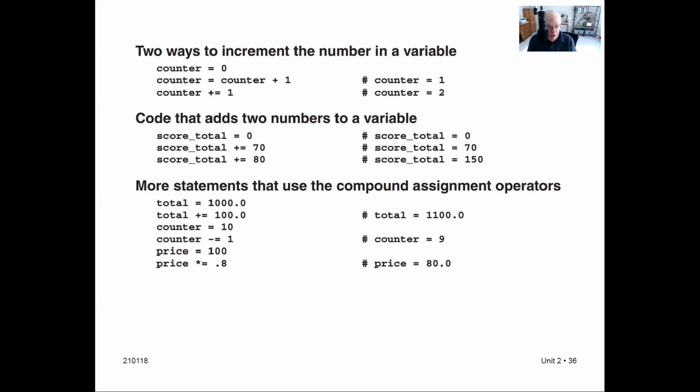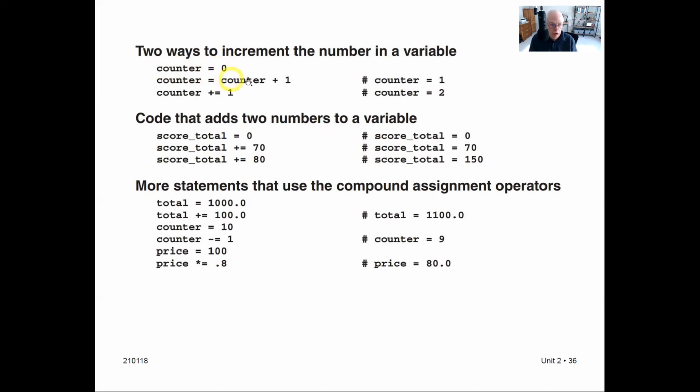So a couple of ways to deal with incrementing a number, okay? Now, the old school way is to add the number to itself. The new school way is to use a compound operator. So in our first example here, we are initializing the counter to 0, okay?